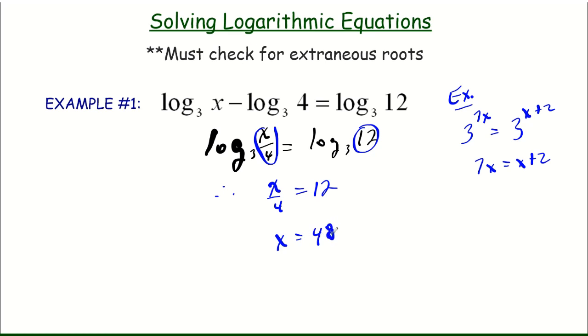Now, about extraneous roots, when you get your answers, this is all you have to worry about. You have to remember you cannot take the log of a negative, so you just have to make sure that none of your answers generate a negative argument.